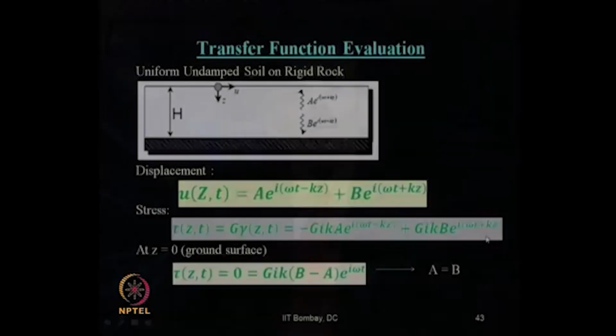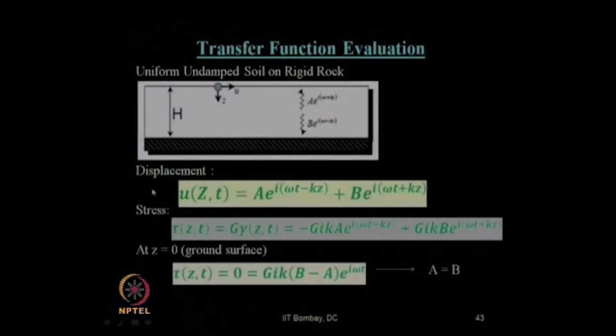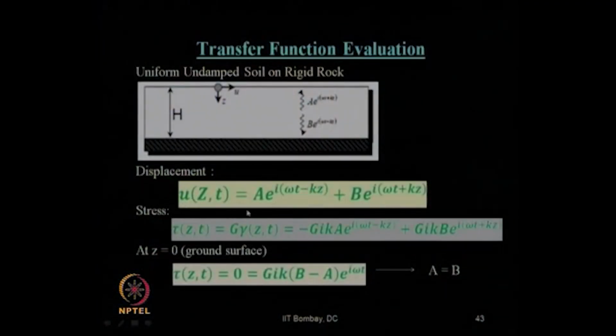Now, for the same problem, if we want to find the displacement and stresses, and then apply the boundary conditions to obtain those unknown constants a and b, let us see what we can get. The displacement is already given to us in this form. What will be the stresses?